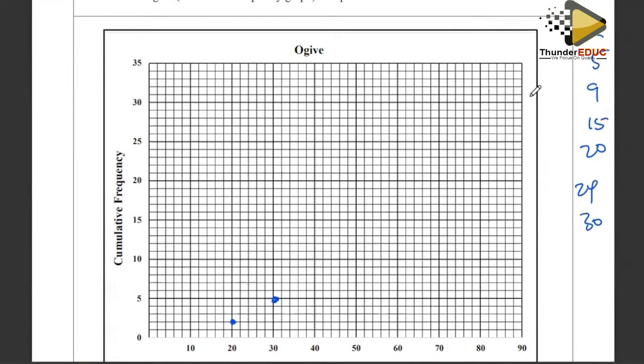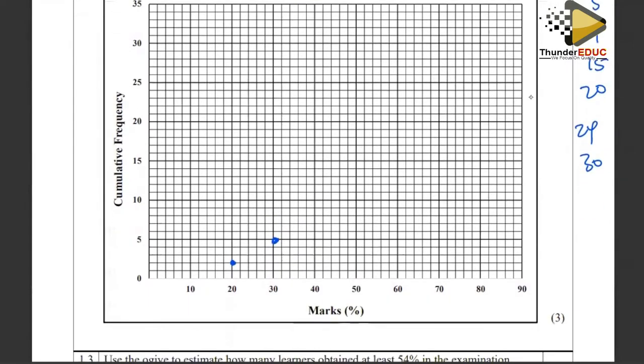Then our 40 is going to be a 9, just below 10. Then 50 is going to be 15, just on the line. Then 60 is going to be 20. Then 70 is going to be a 24. And then 80 is going to be a 30. Does that make sense?